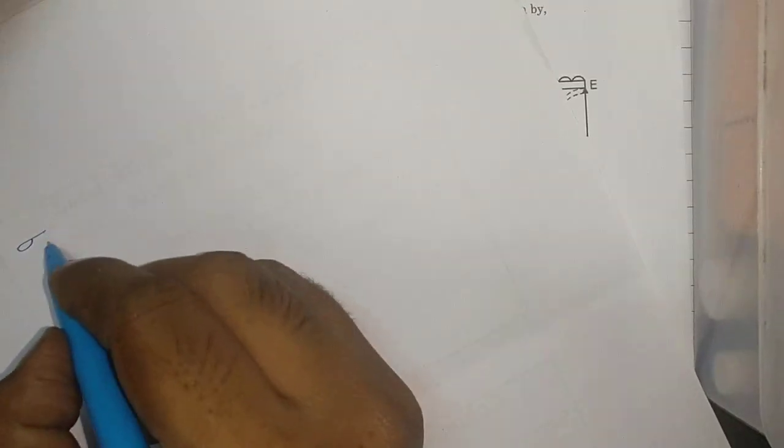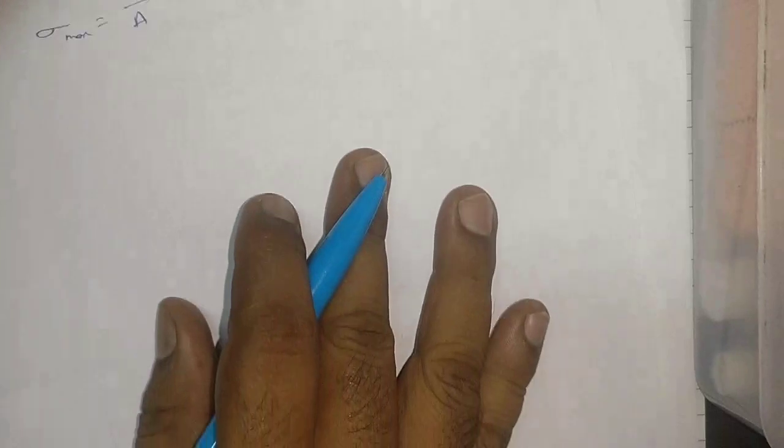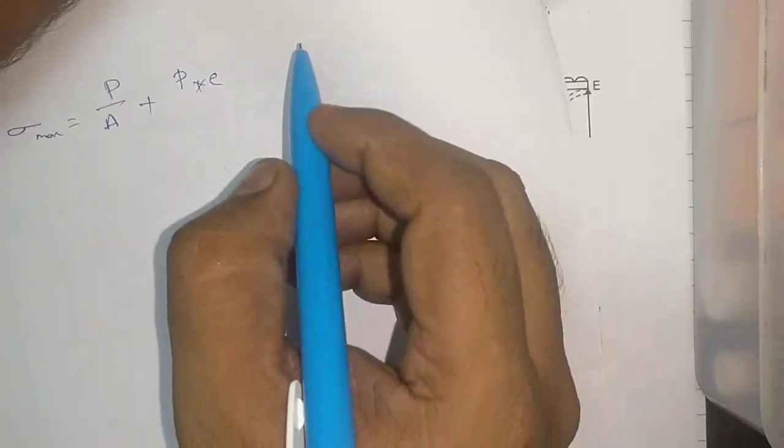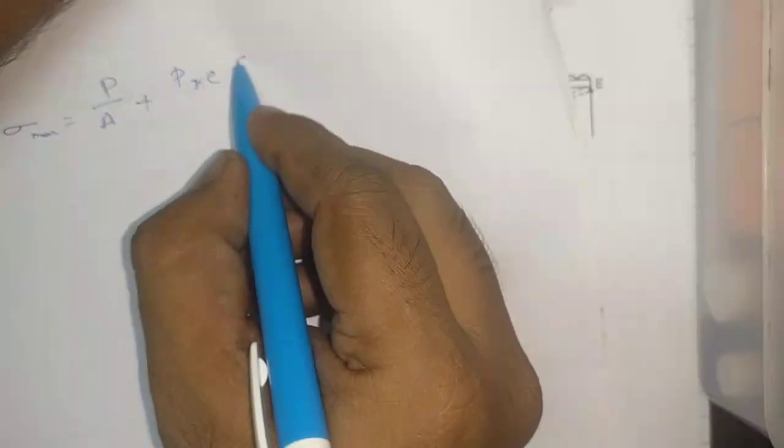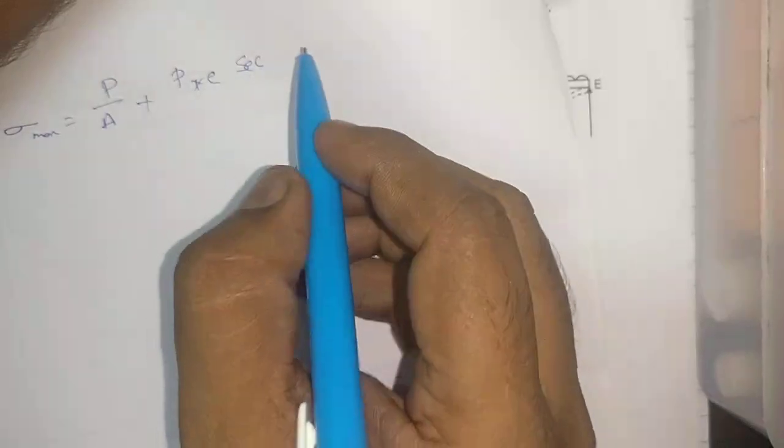Sigma is stress, the maximum stress, which is equal to P by A plus P into E secant.